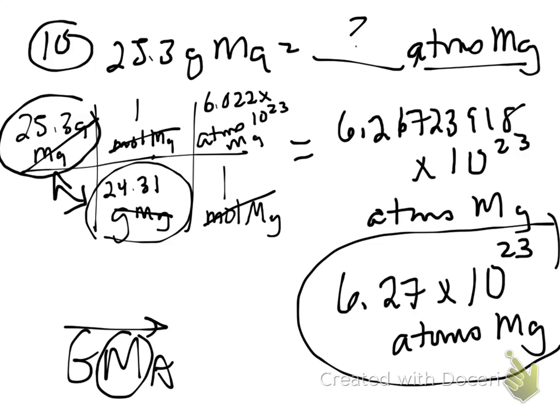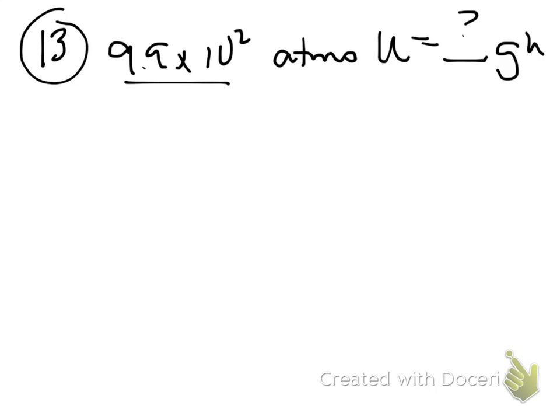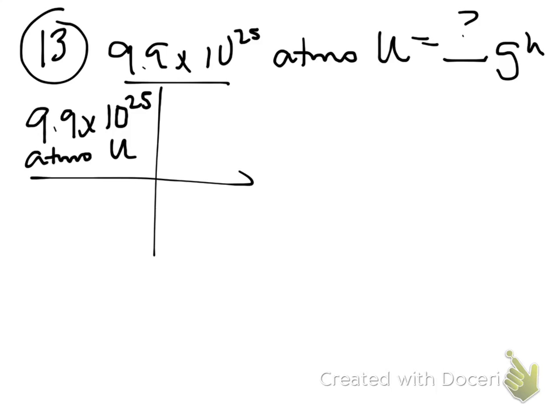We also want to do this one. So we start off with our given, as always, 9.9 times 10 to the 25th atoms of uranium. And so we want atoms of uranium down here to cancel.